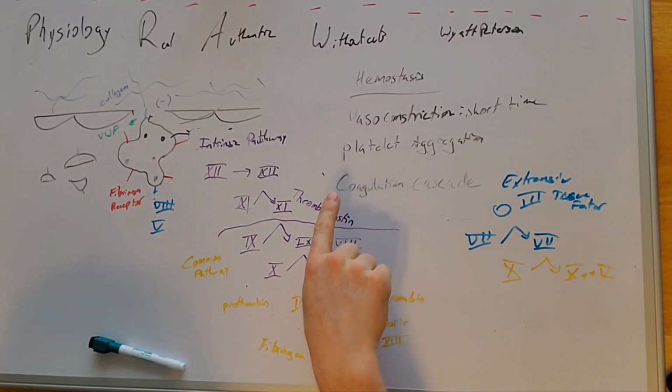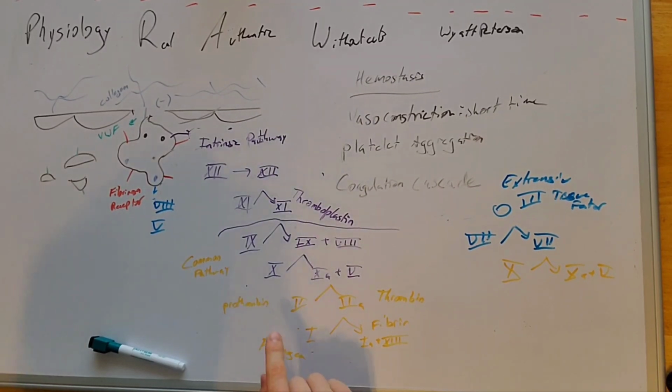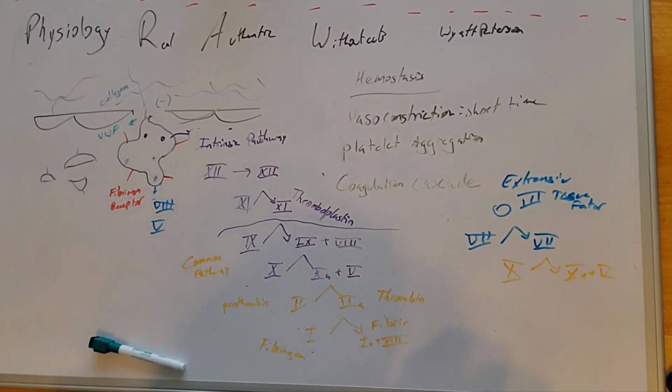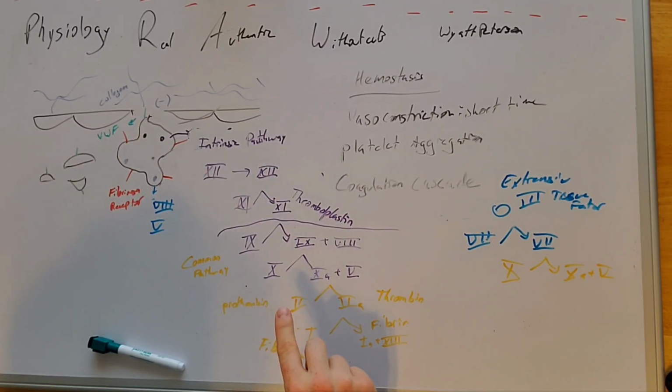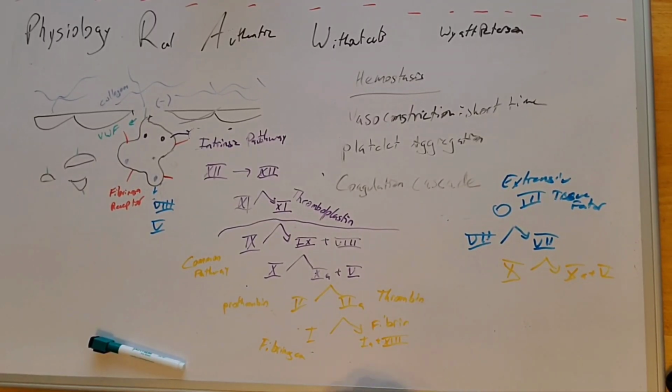So going back to this, there's a thromboplastin, and then that's going to activate the 9th factor, which is an antecedent to thromboplastin. And then that activates number 10, which is just the start of the common pathway.